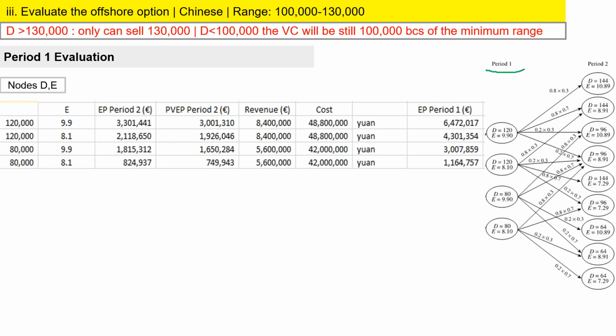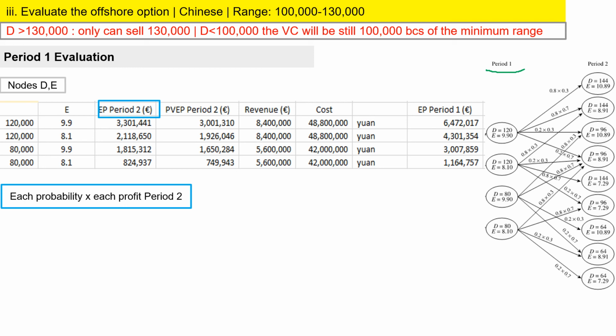The column is also the same for the EP period 2 that will be discounted to period 1. The formula is each probability here times each profit from the previous table, and we got this number.